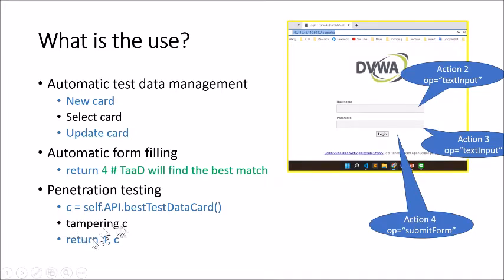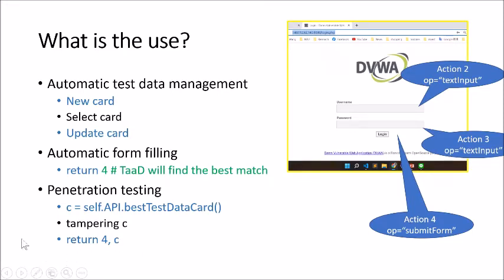And then there is also an argument as a form field that shows how we should fill in the test data input. Then TaaD will use this form field, the argument, to fill in the test data for you. So that's basically the test data card management support in TaaD.